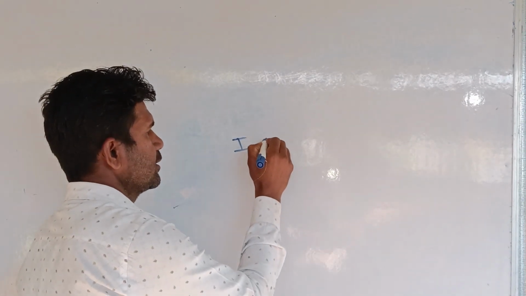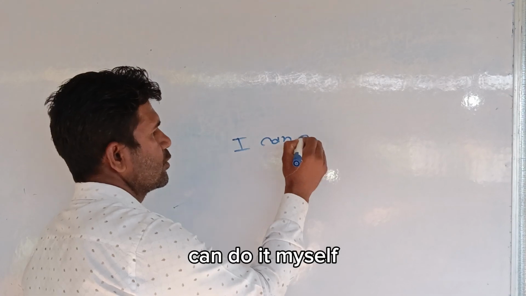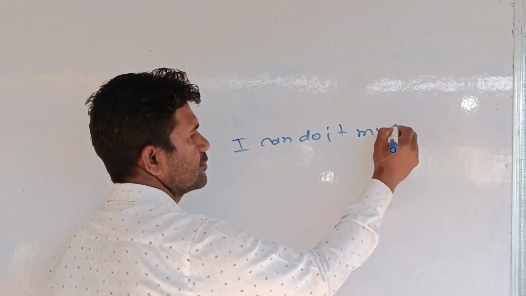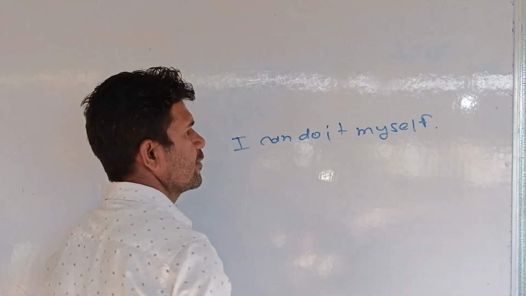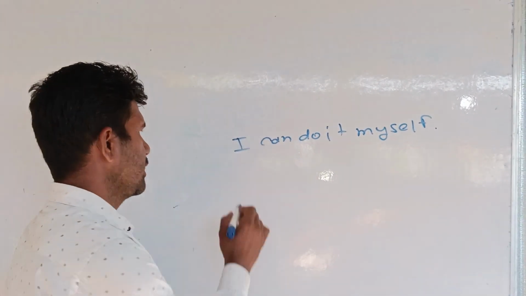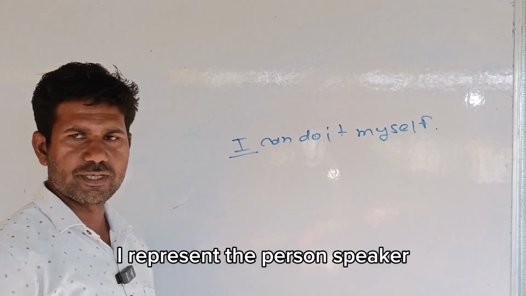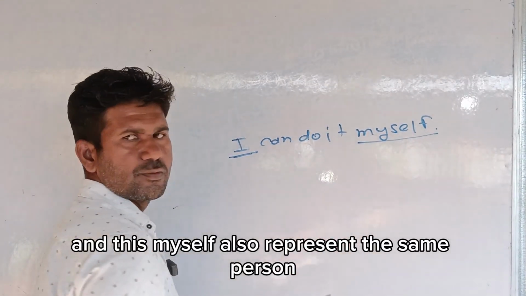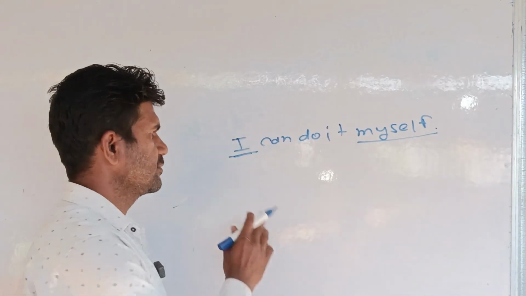I can do it myself. Now in this sentence there are two pronouns. I represents the person, the speaker, and myself also represents the same person.